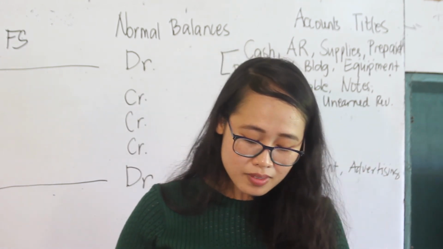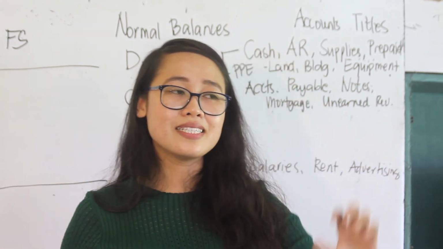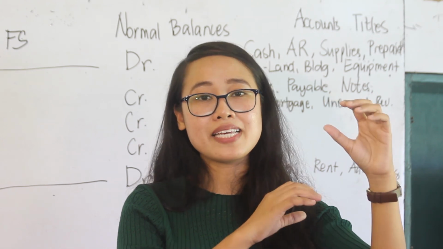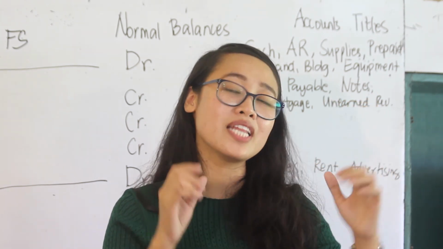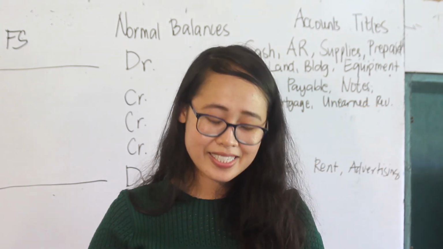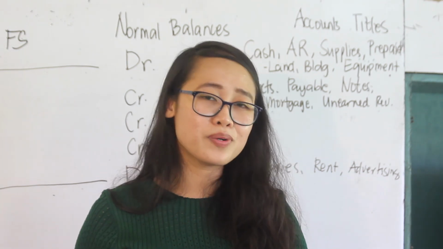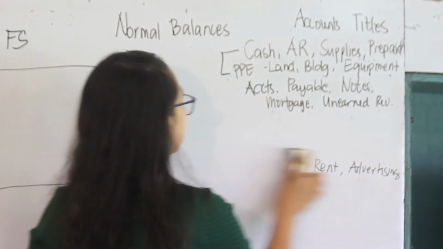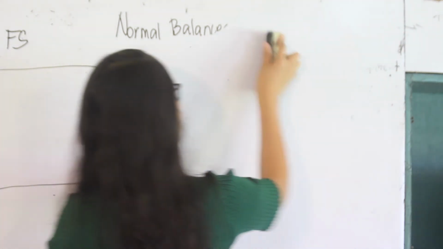As I said, there is something in between the revenue and the expenses. Under merchandising, we have more, and that is cost of sales. And this morning, I will also be writing some of the new account titles under merchandising.